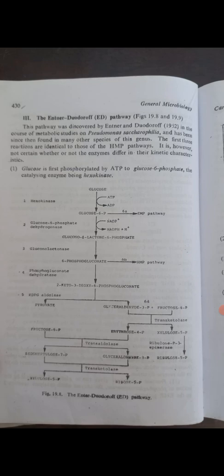In the regular sense, glucose 6 phosphate goes to the EMP pathway. But if the enzymes for the EMP pathway are absent, glucose is converted into glucose 6 phosphate, ATP is utilized and ADP is produced, and glucose 6 phosphate is converted to deglucono delta lactone 6 phosphate, similar to the second reaction of the HMP cycle.